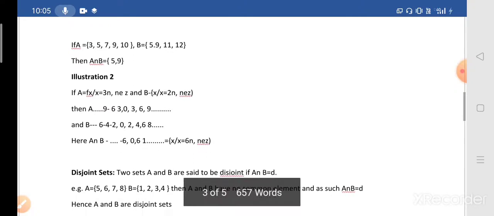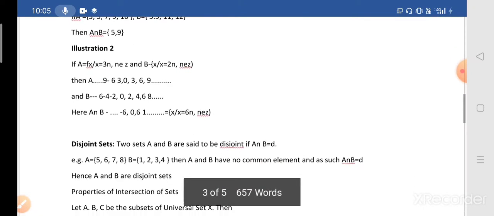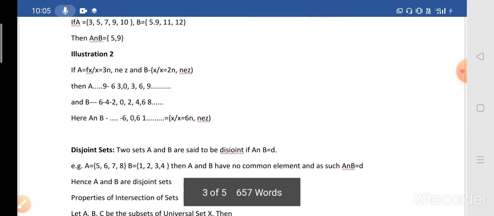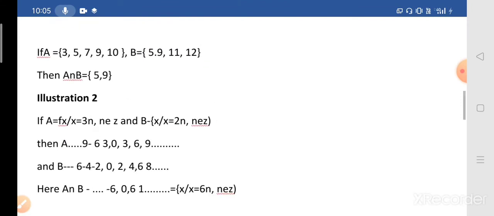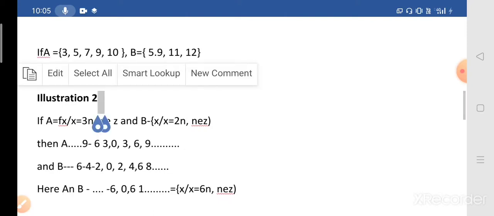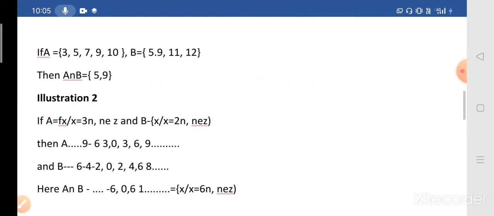Illustration, the second example is similar. If A is the set of x such that x equals 3n, n belongs to Z, the integers, so the A set is multiples of 3. B is the set of x such that x equals 2n, n belongs to Z, means all even integers.